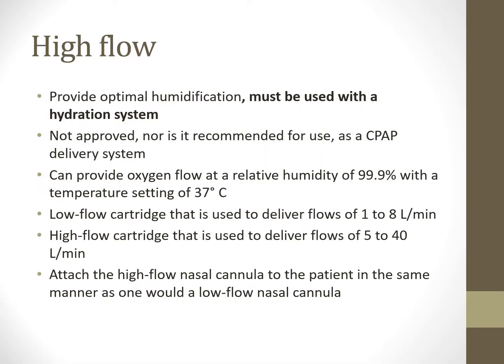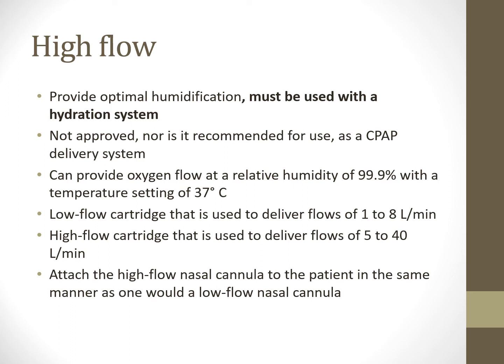So high flow provides optimal humidification, so make sure you're using it with hydration, right? It's got to be humidified. It's not approved as a CPAP delivery system. Now, it does deliver an amount of CPAP, and usually it's around 3 centimeters of water pressure, give or take, on average when they check esophageal pressures with humidified high flow systems.